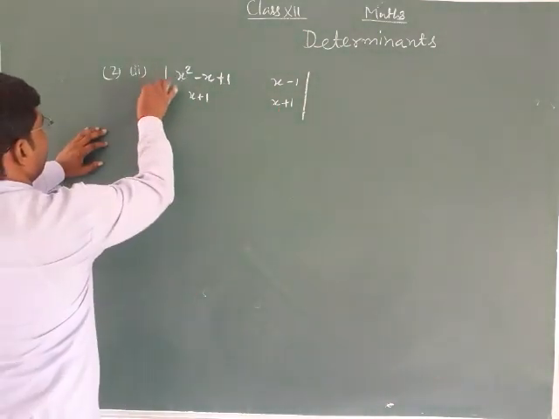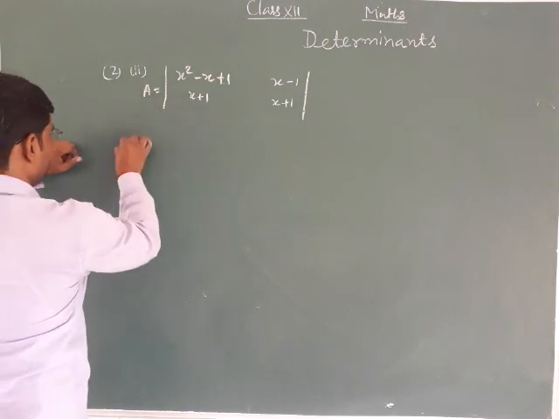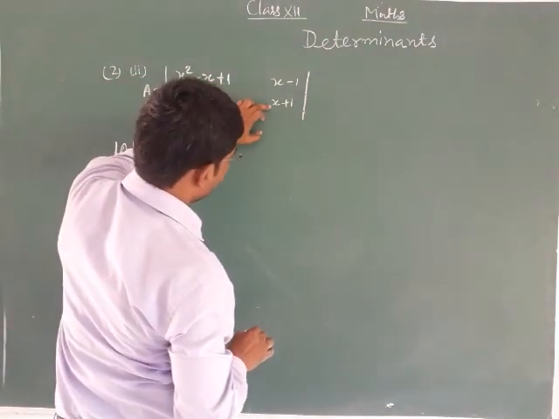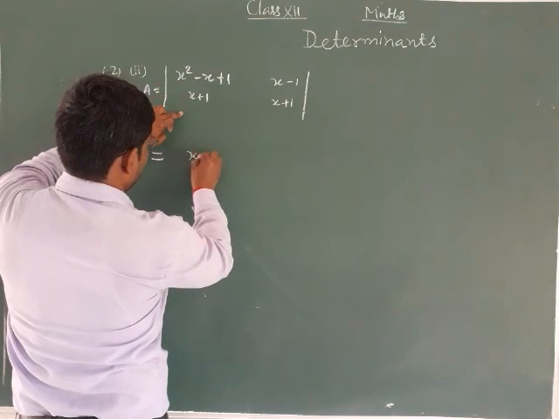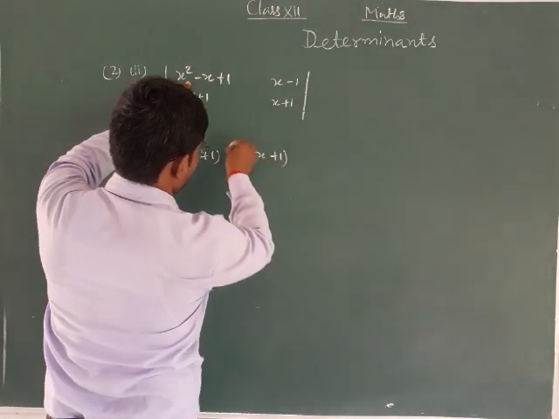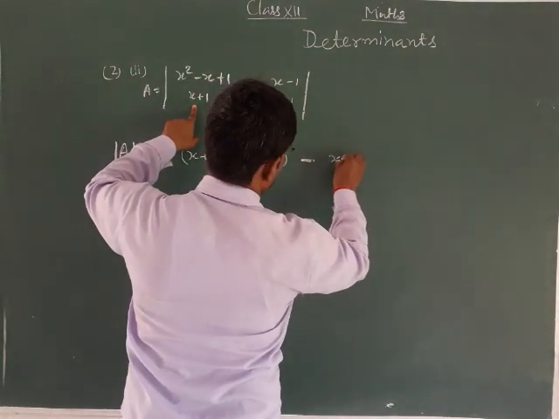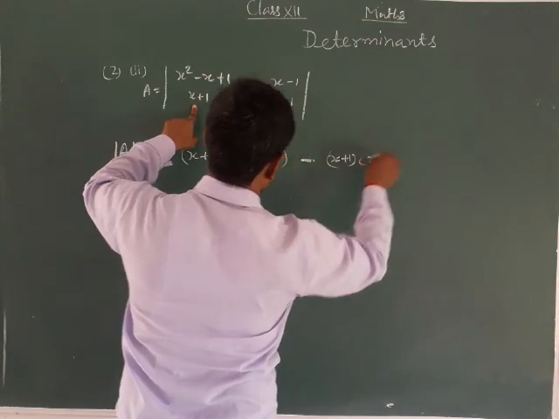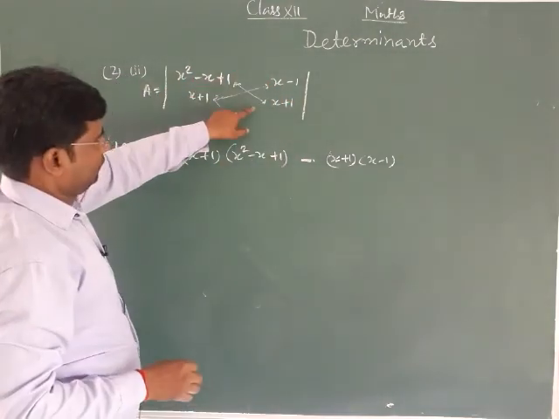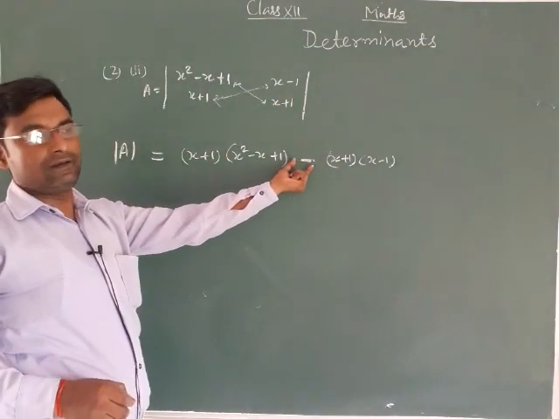Now we solve it and find the determinant of A. Multiply diagonally: this multiplied by this, and this multiplied by this, taking a negative sign in the middle.